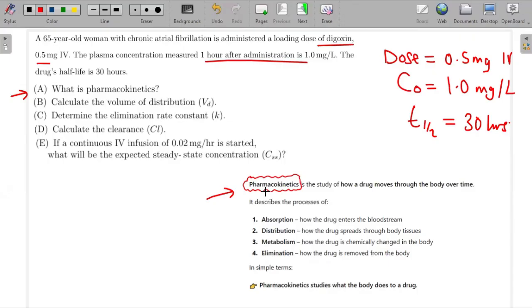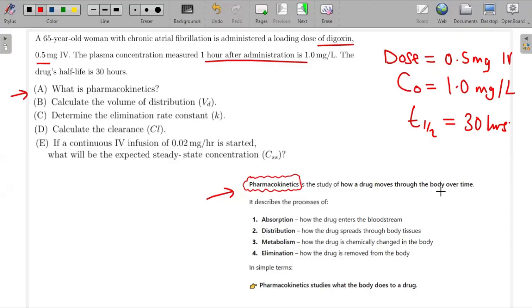So pharmacokinetics is the study of how a drug moves through the body over time. So from the time you take the drug, whatever is going to happen to it in the body, and then to the time where it will start being eliminated, that's what we call pharmacokinetics.